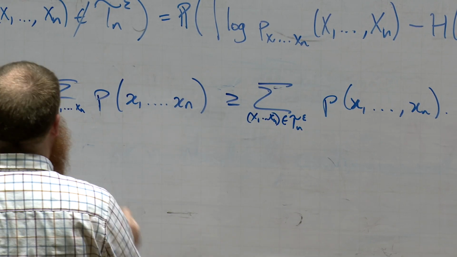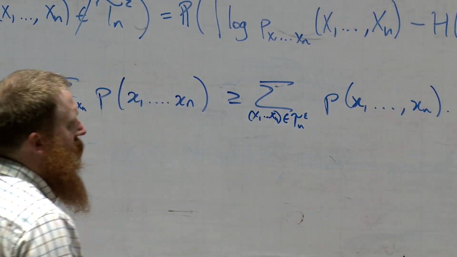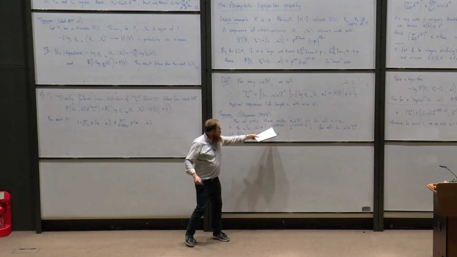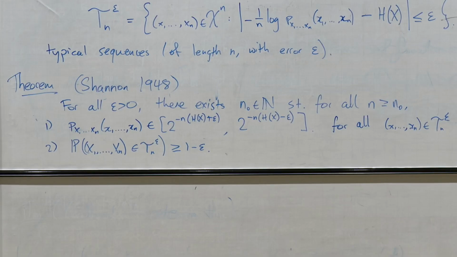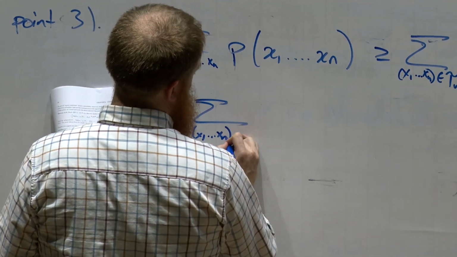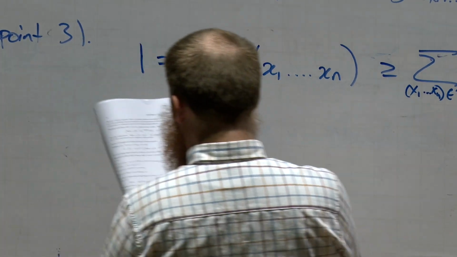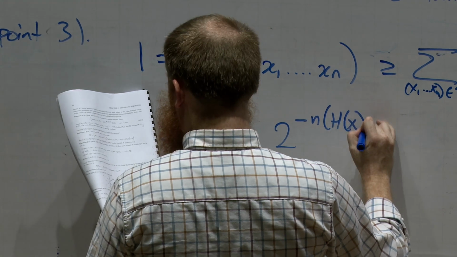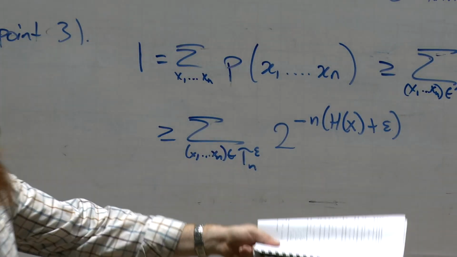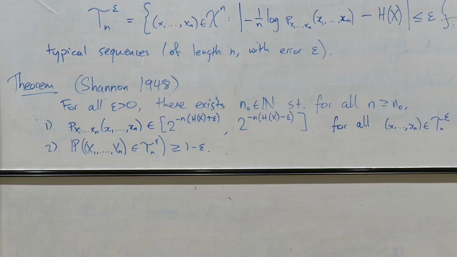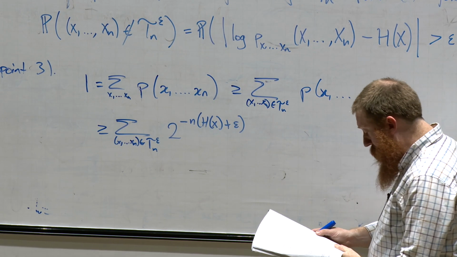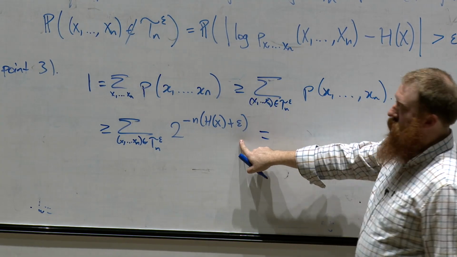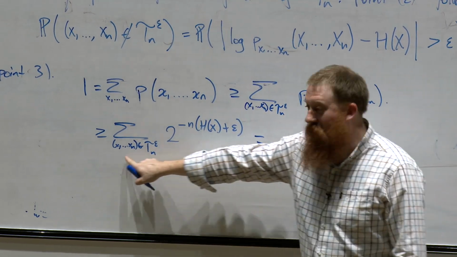But now, I know that these probabilities, hang on, we've just shown something about those probabilities, we've got a bound on them. So this must be greater than or equal to the sum over x1 to xn in T epsilon n of 2 to the power of minus n (H of X plus epsilon). Just using the crude bound that we've got in point 1 here. So I've used the lower bound. There we are. And this, hang on, those are constants. They don't depend on which particular sequence I'm looking at.